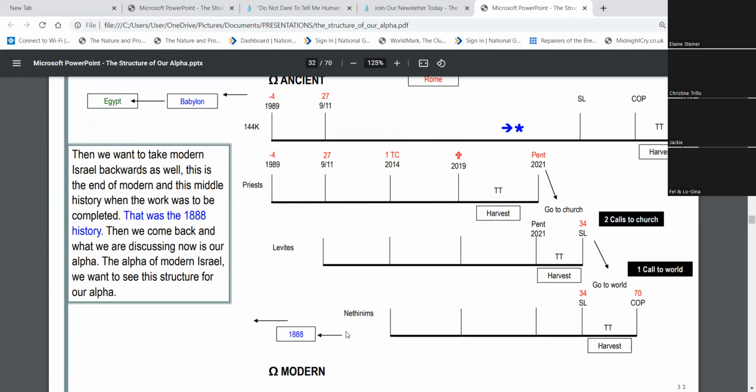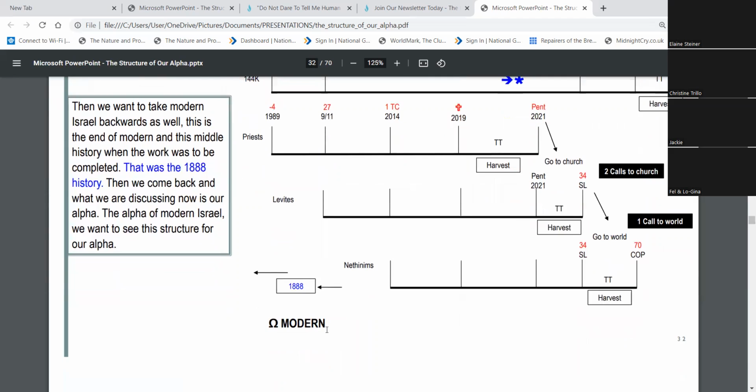This is the end of modern, and this is the middle history, when the work was to be completed. That was the 1888 history. Then we come back, and what we are discussing now is our Alpha, the Alpha of modern Israel. We want to see the structure for our Alpha.